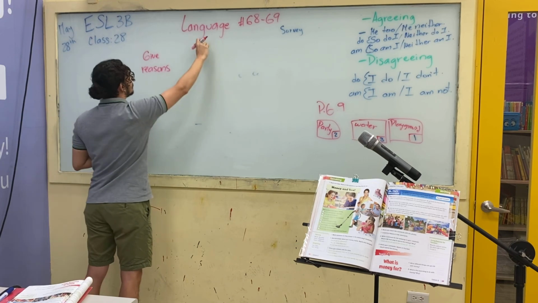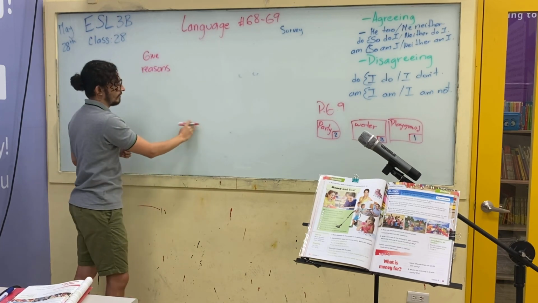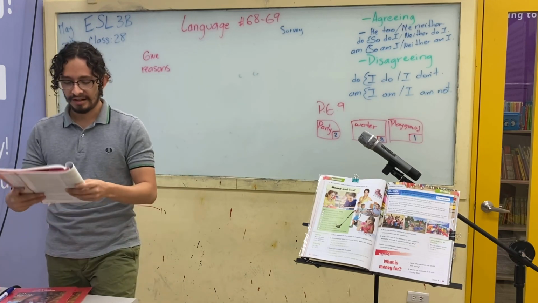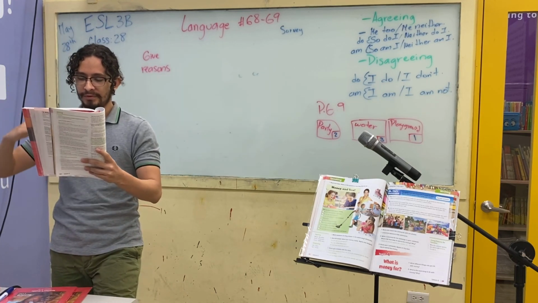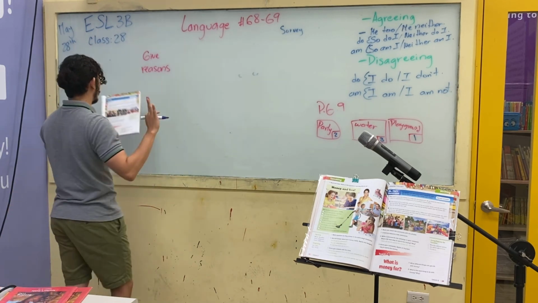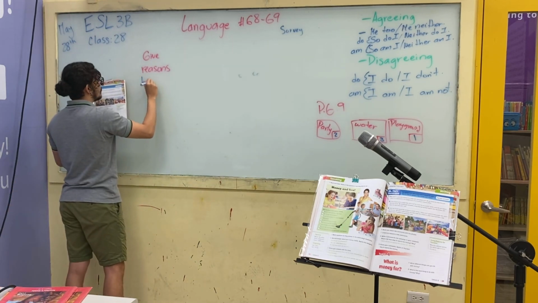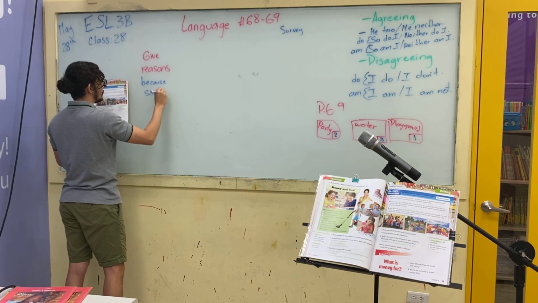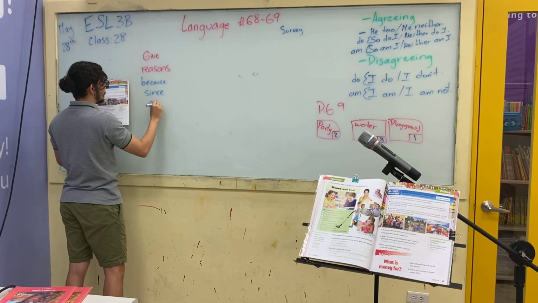So you can say reason number 1, he is very fun, or I don't know, or reason number 2, he always gives me candies. Not true. And whatever. Most of the time, when you give reasons, you can use 3 words. You can use because, you can use since, or as.